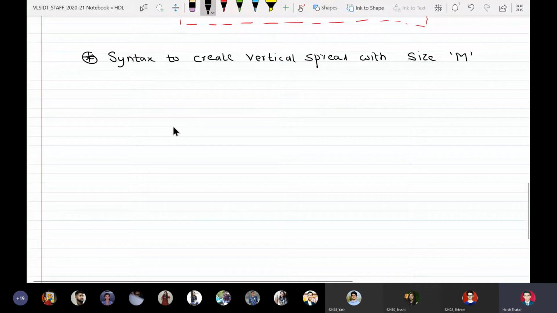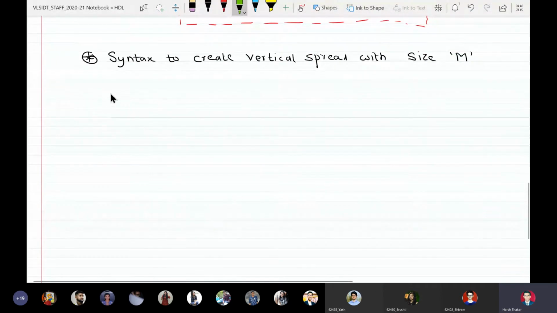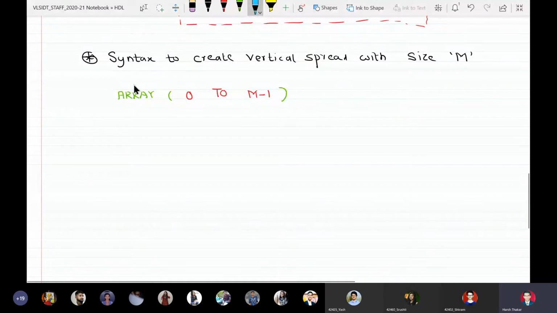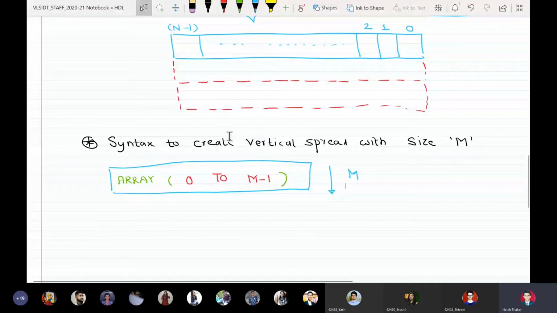So you are supposed to use this keyword called array, 0 to m minus 1. So this particular syntax is going to create a vertical spread of size m. So we are going to combine this keyword along with our vector data type to create a structure.